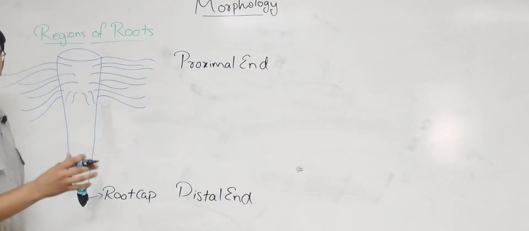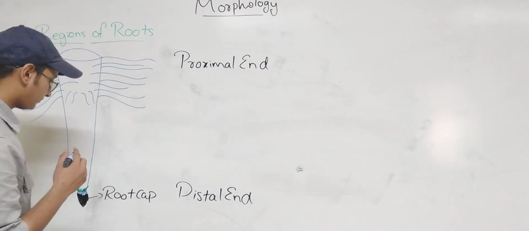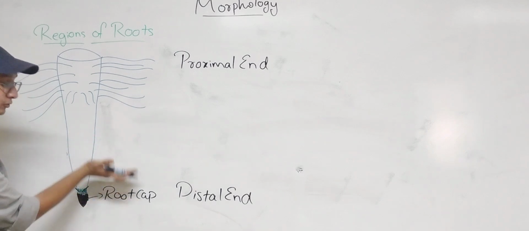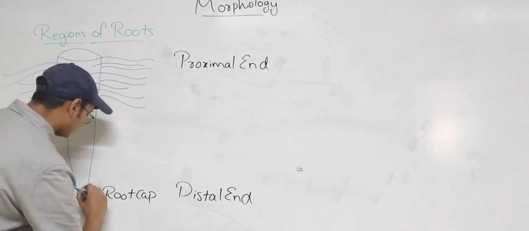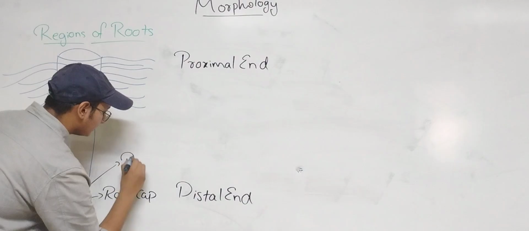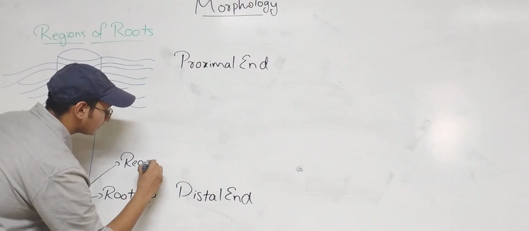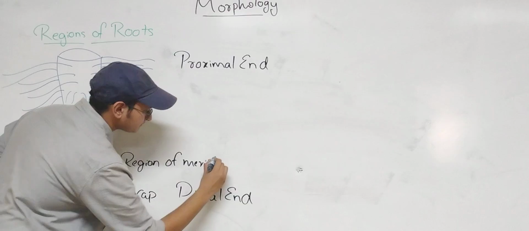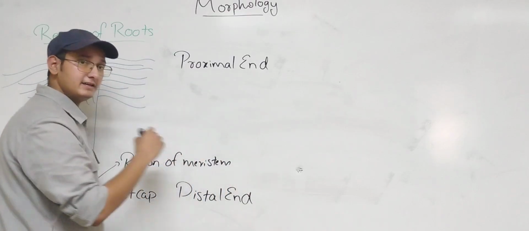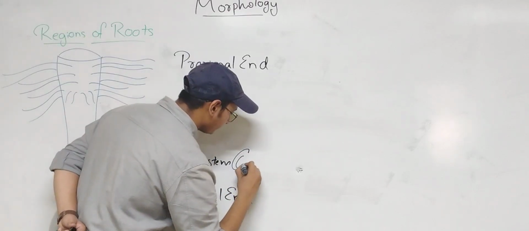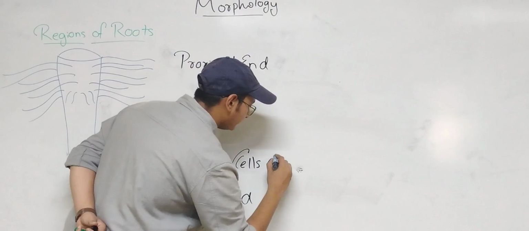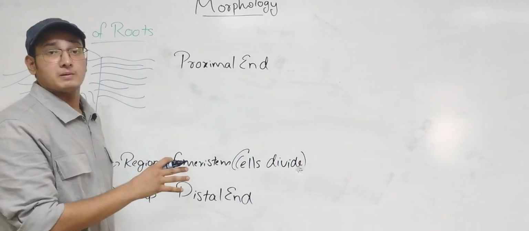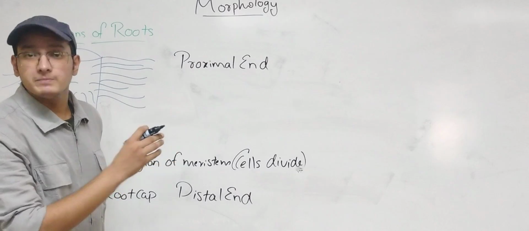This helps in the protection of the root apex. The part proximal to this region is known as the region of meristem. Here the cells divide. The region is very small, but it is one of the most important regions.